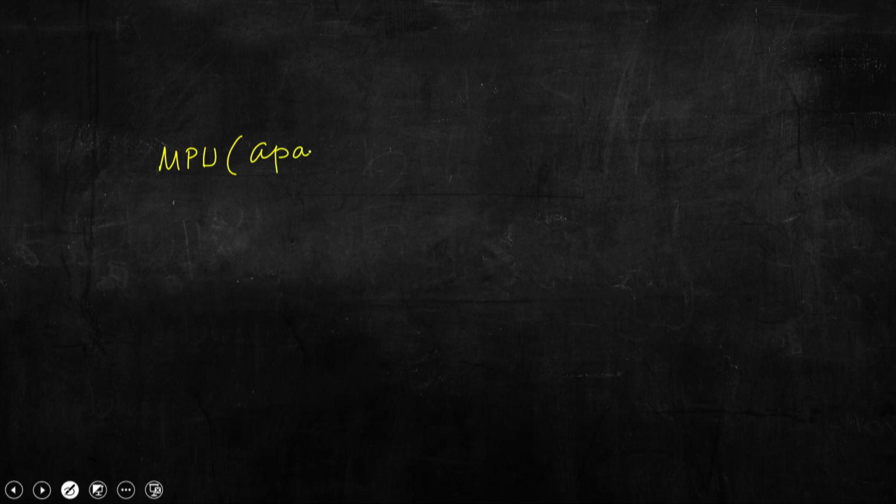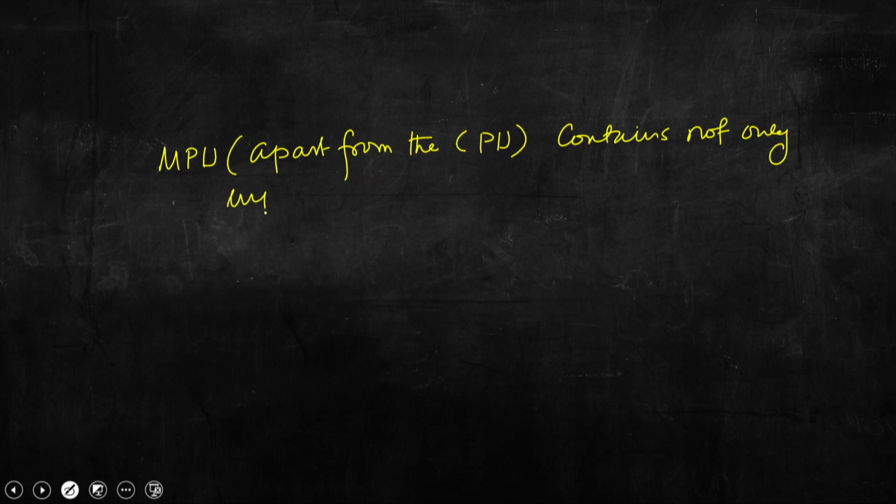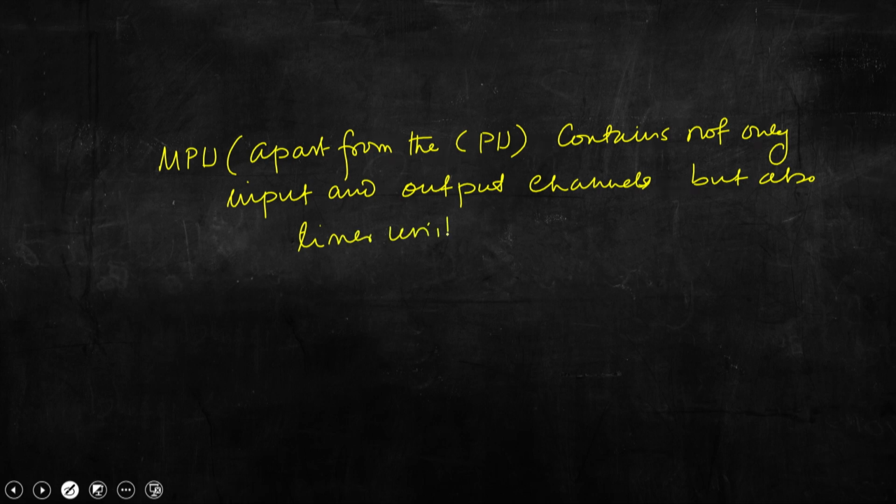And this MPU, microprocessor unit, apart from the CPU, central processing unit, contains not only input and output channels, but also timer units, random access memory, read only memory, RAM, ROM, and peripheral assemblies.